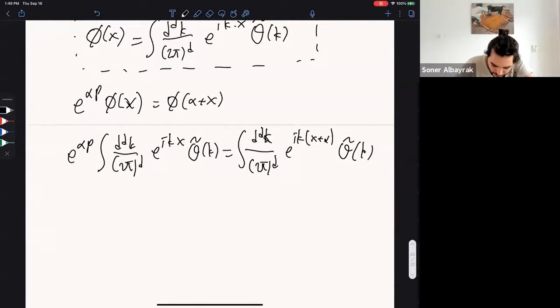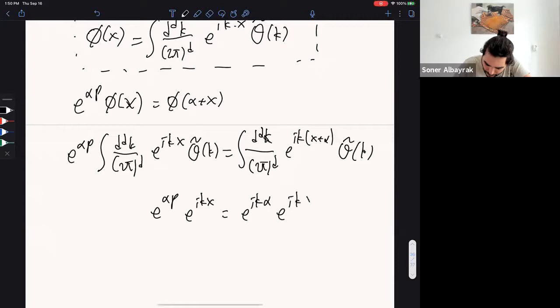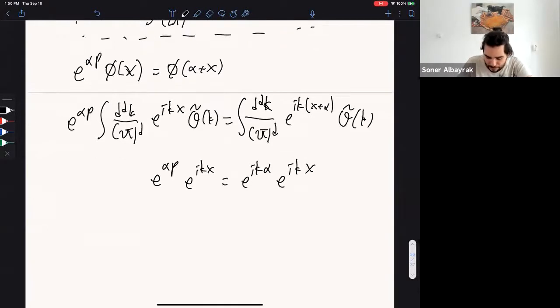So we see that basically we need to solve e to the alpha p e to the i k x is equal to e to the i k alpha e to the i k x, right? Then basically it's the same thing. You can immediately see that p needs to be d over dx.